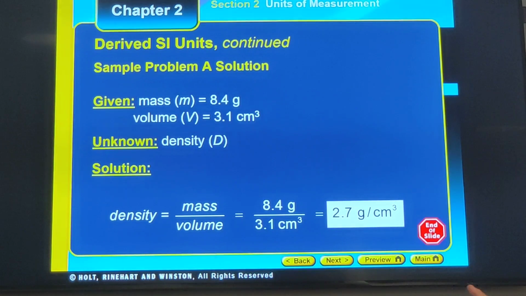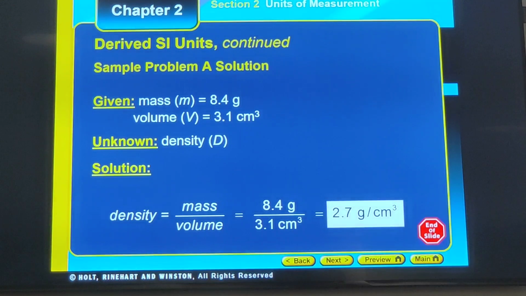Well, I look at my 2 numbers. 8.4 has how many significant digits? How many digits are there? 2, right? And 3.1 has 2. Well, the rule is that when I'm multiplying or dividing, my answer can't have any more significant digits than the number that had the least.